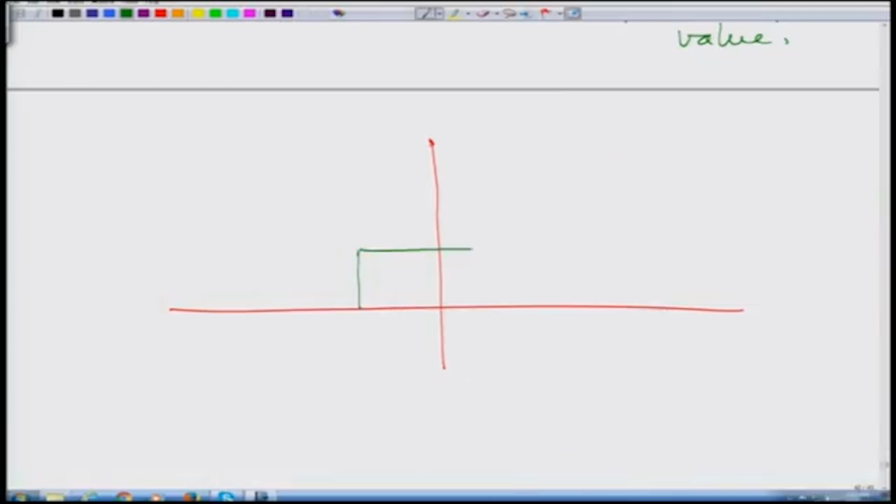So, to make things simple, we assume the quantization error is uniformly distributed in minus delta by 2 to delta by 2.